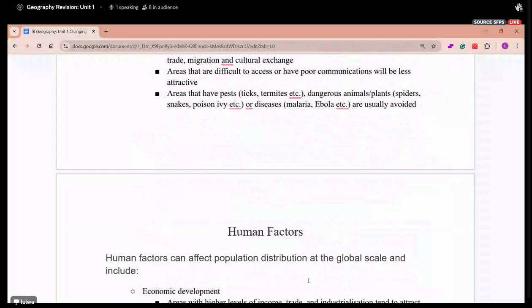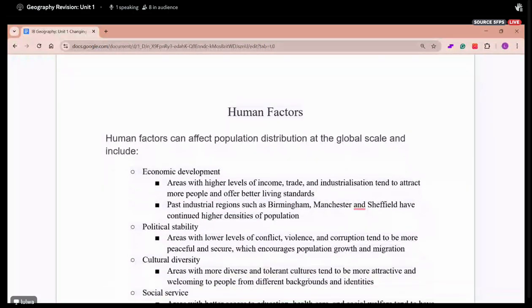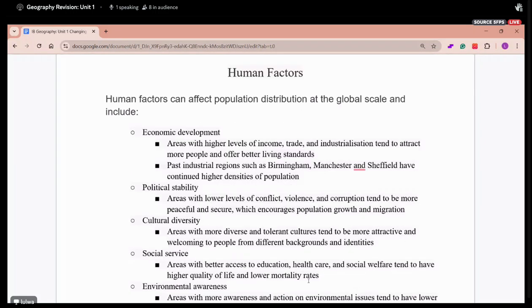Human factors. You have economic development, so areas with higher levels of income, trade, and industrialization tend to attract more people. Political stability, as areas with lower levels of conflict, violence, and corruption tend to be more peaceful and secure. And you can also say the opposite, that areas with higher levels of conflict, violence, and corruption tend to be less peaceful and discourage population growth.